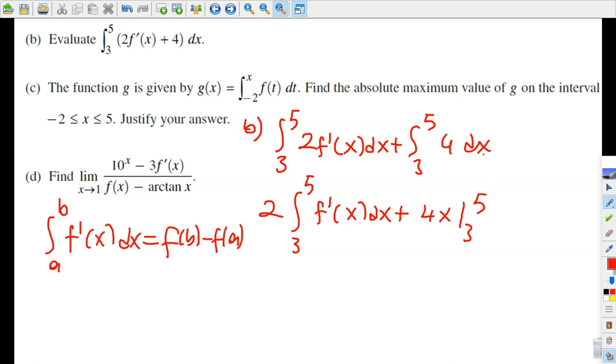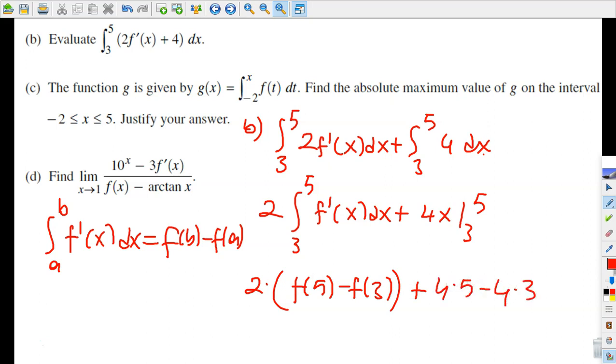So we're going to do exactly the same thing: 2 times (f of 5 minus f of 3) plus 4 times 5 minus 4 times 3. f of 5 is equal to 0, and f of 3 is equal to 3 minus the square root of 5. Plus 4 times 5 is 20, and 4 times 3 is 12, so 20 minus 12 is going to be 8, so we're going to put 8 over here.